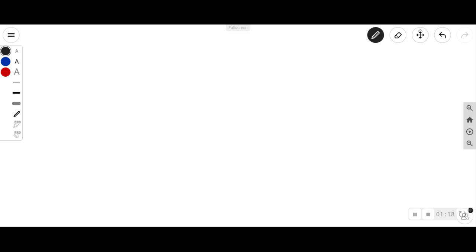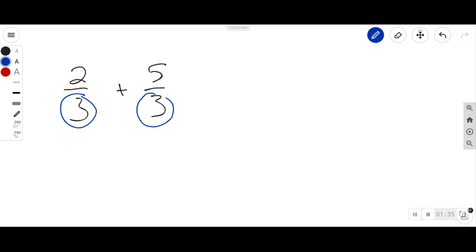So first, let's look at a real basic problem. Let's say that we have 2/3 and I want to add 5/3. So when I look at 2/3 plus 5/3, first thing I do is I look at my denominators here and here, and I see, are they the same? And in this case, they are the same.